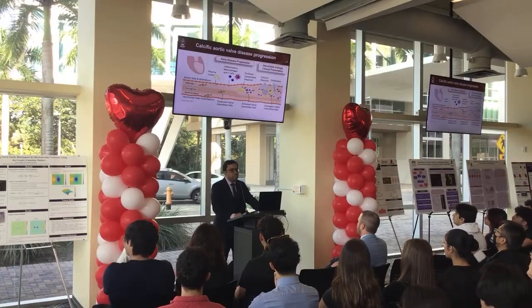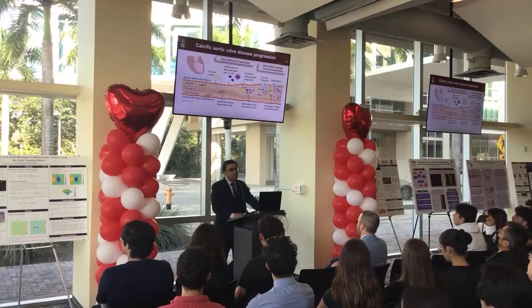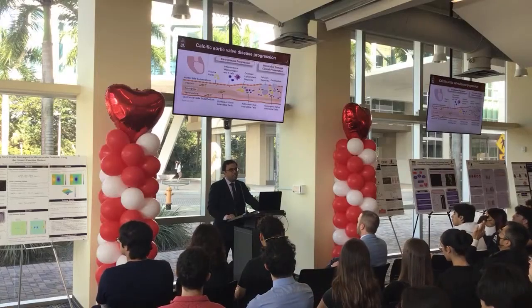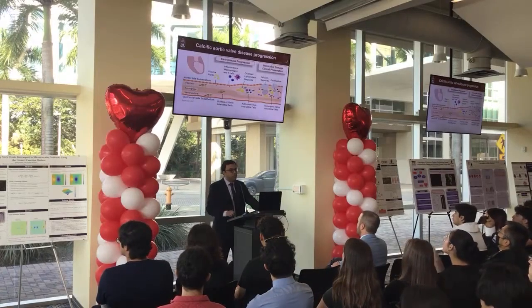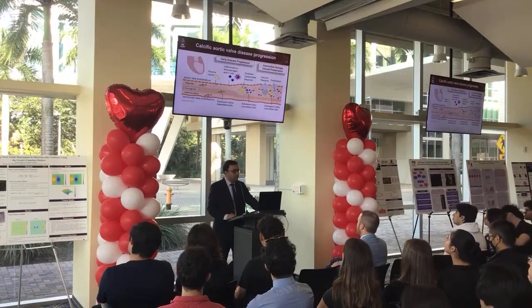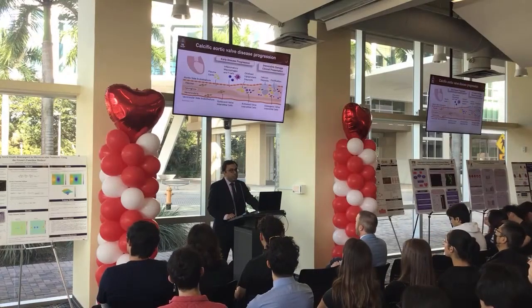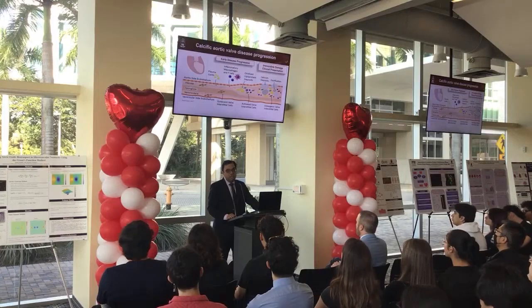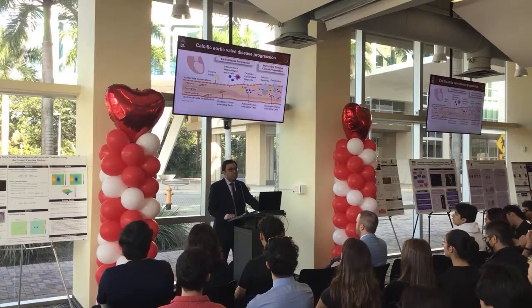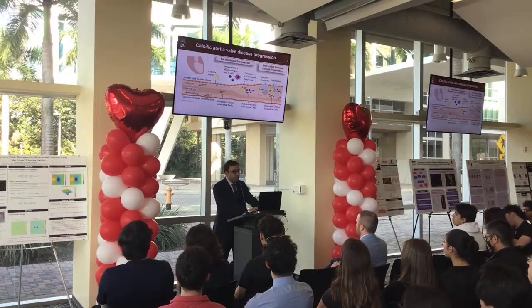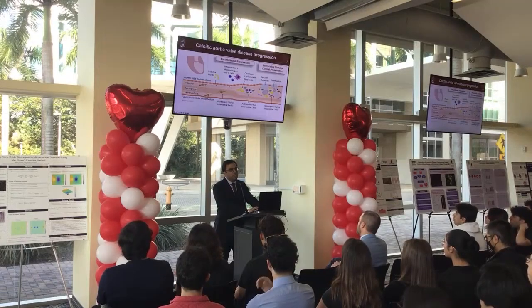And as this disease progresses further, these activated valve interstitial cells progressively move towards an osteogenic or bone-like phenotype. And it's during this point where these cells result in the secretion and the deposition of calcium and the ossification or the bone formation within the leaflet itself.